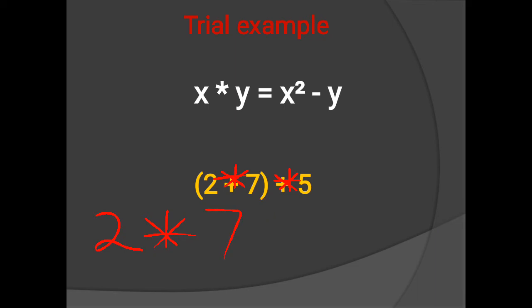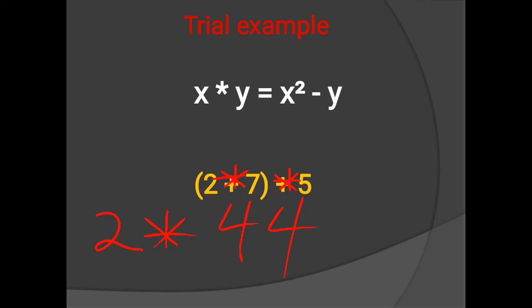So 2 operation 49 minus 5. 49 minus 5 is going to be 44. So we have 2 operation 44.